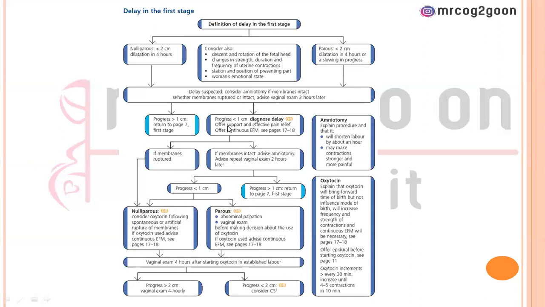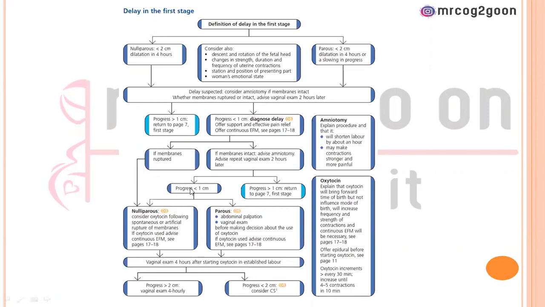If progress is less than 1 centimeter, this patient has a delayed first stage. We will offer support and pain relief and electronic fetal monitoring. If the membranes are intact, we will do amniotomy and re-examine after 2 hours, and repeat the same step as here.